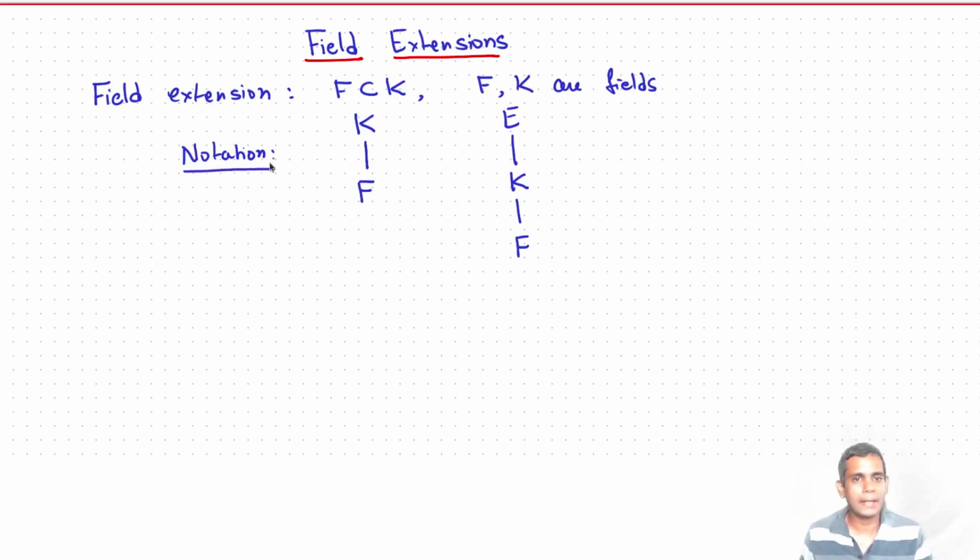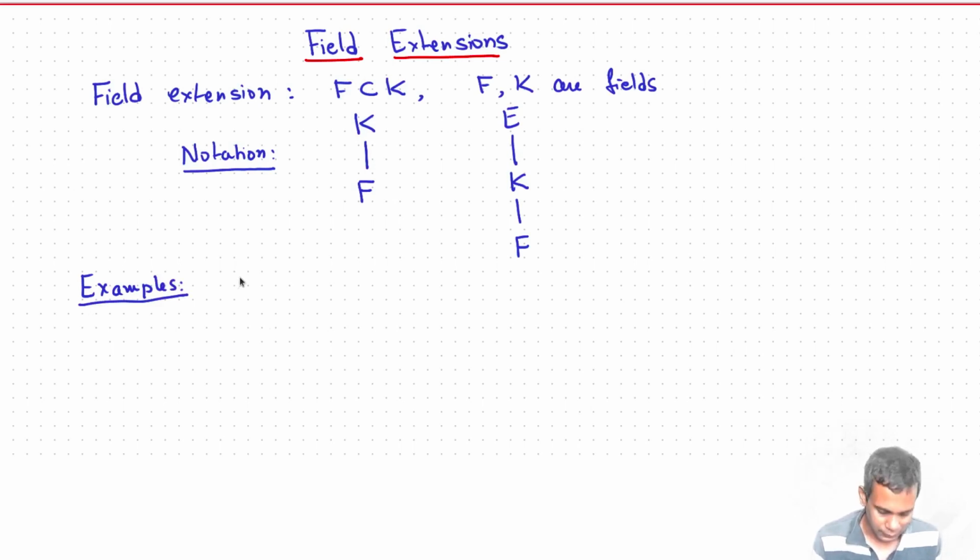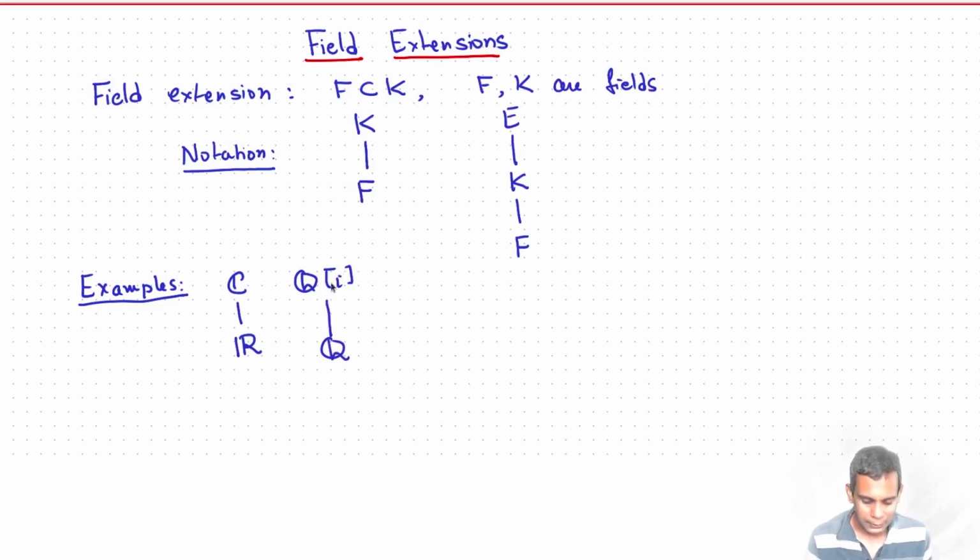Okay, let's look at some examples. We've already seen many examples of fields, and from these we can construct examples of field extensions. So the field of complex numbers contains the field of real numbers. The field of Gaussian numbers contains the field Q. Remember, this is just all complex numbers of the form a plus ib, where a and b are rational numbers.